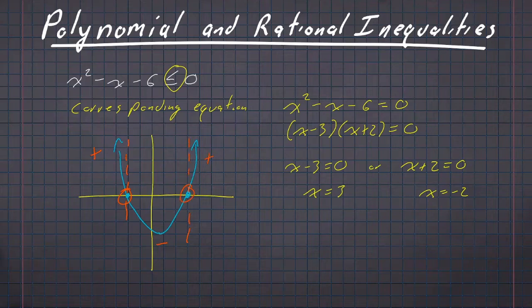To go from the function being negative to being positive, it has to go through 0. And the inequality we have set up here is asking exactly that question. Where is this function negative?